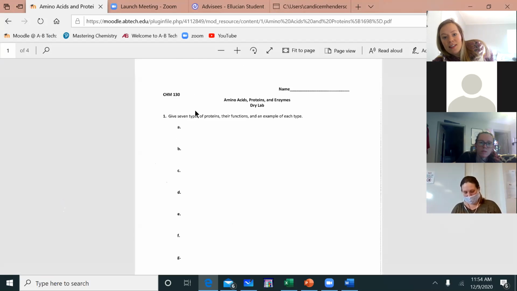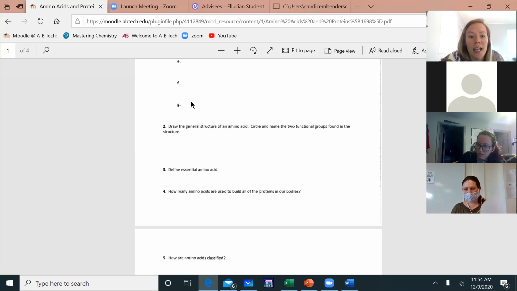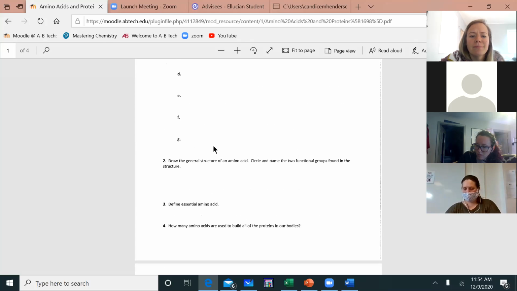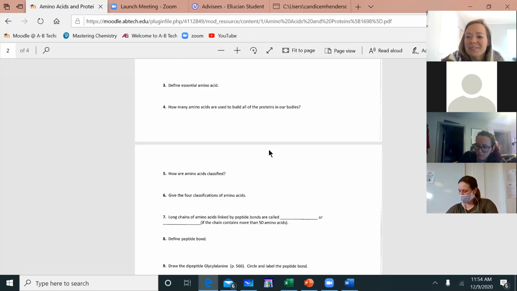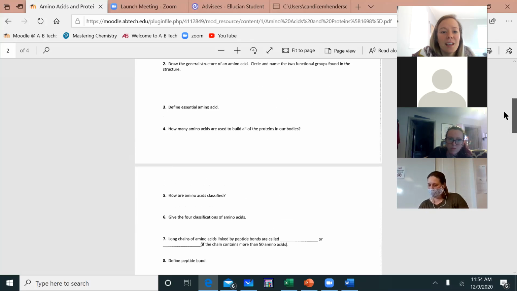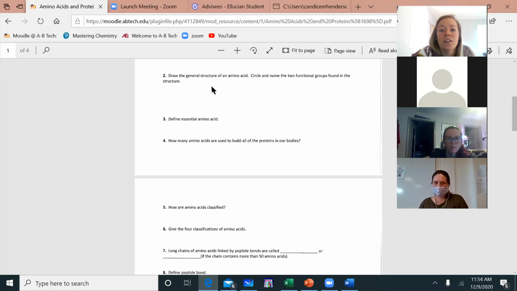Give the 7 types of proteins and their functions, definition really. Draw the general structure of an amino acid, circle and name the 2 functional groups found in the structure. So this is just drawing it.